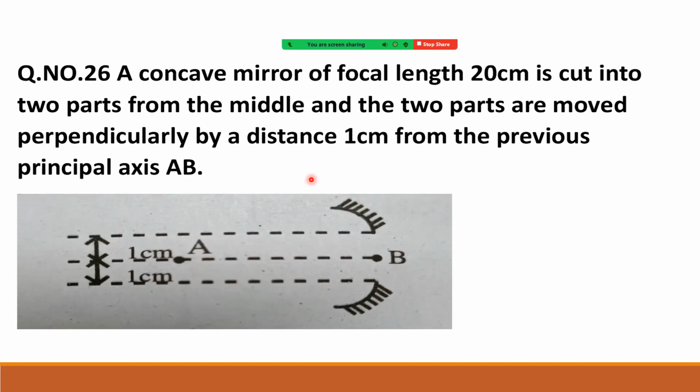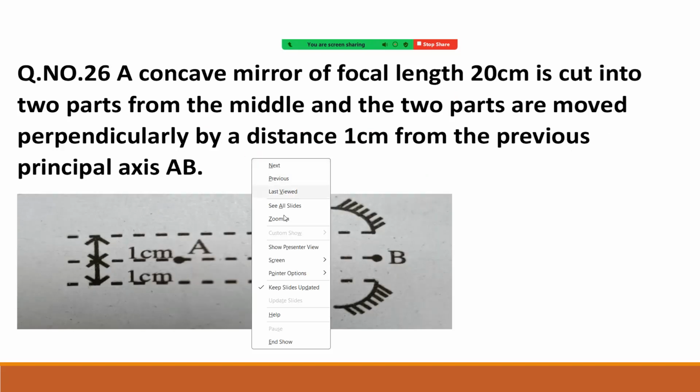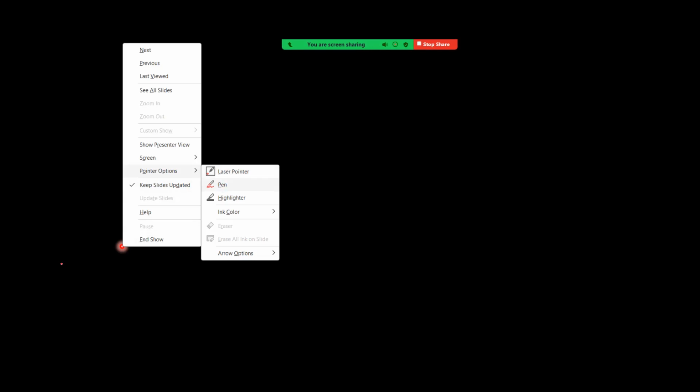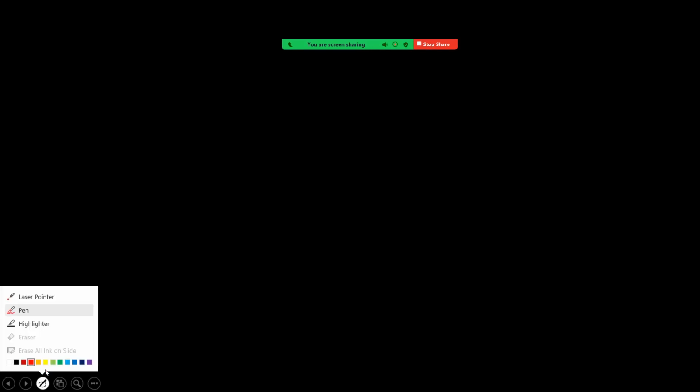See how to start. So first note down the given data.